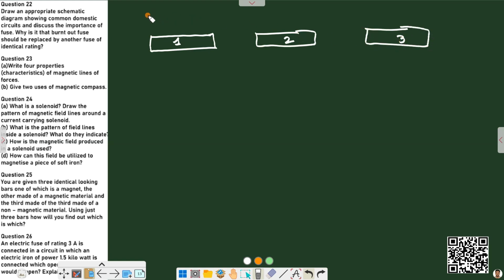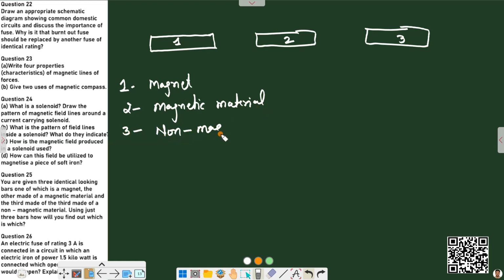Now suppose bar number one is made of magnet, bar number two is made of magnetic material, and bar number three is non-magnetic material. So first of all, let us discuss the properties of all these three types of bars.